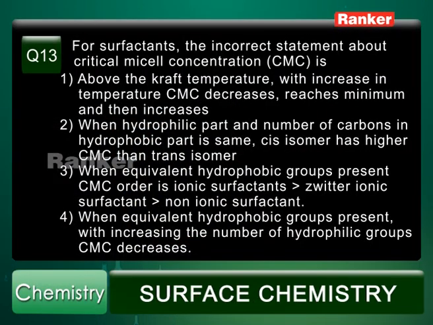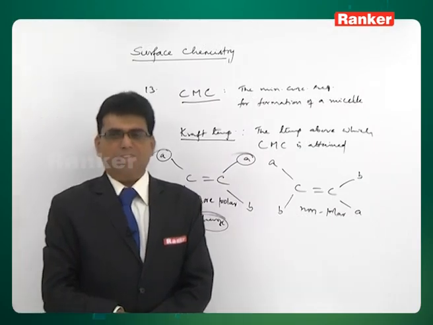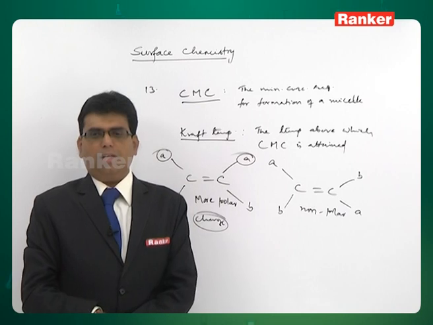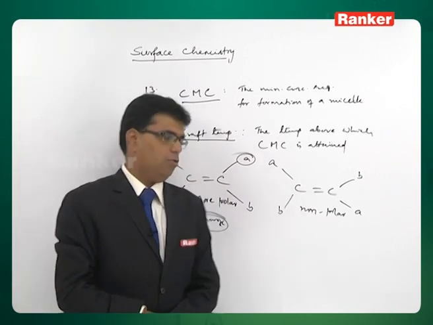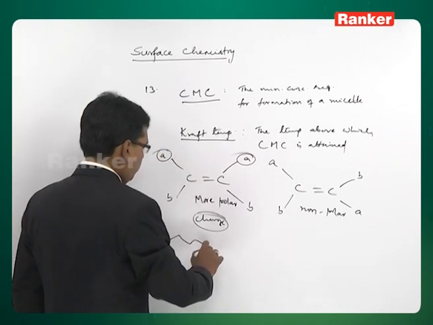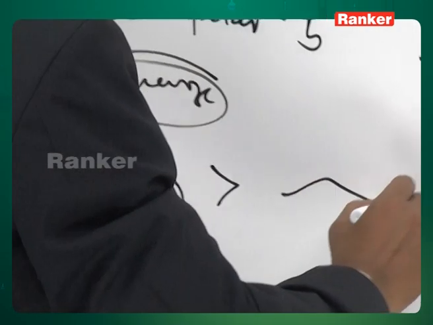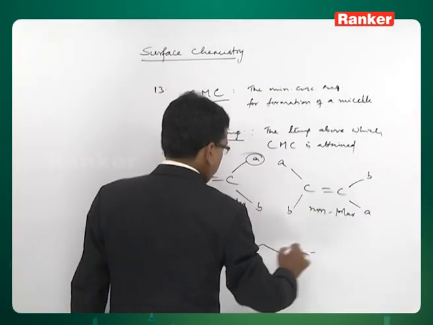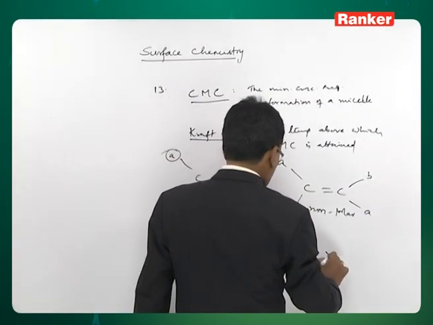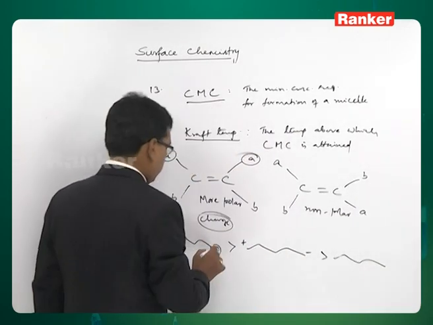Next, when equivalent hydrophobic groups are present, the CMC order is ionic surfactants greater than zwitterionic, and zwitterionic greater than non-ionic. That is true. Suppose you have a negative charge, then with zwitterion you have both positive and negative charge on the other end, and of course non-ionic where no charges are present.